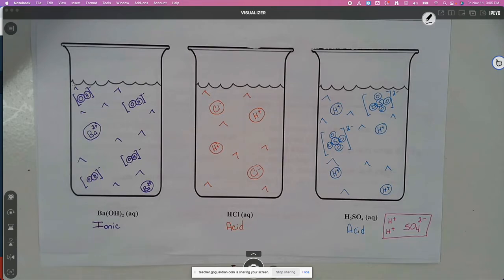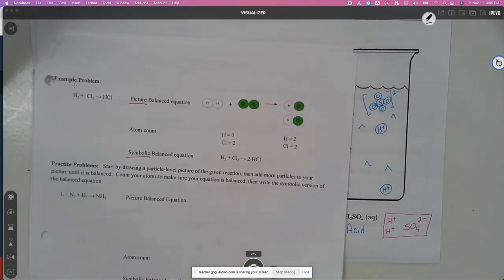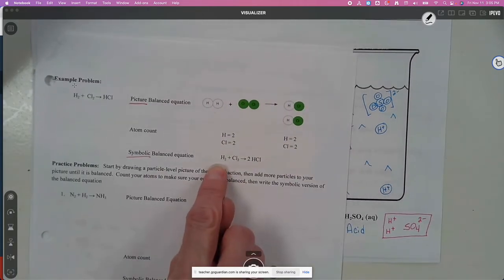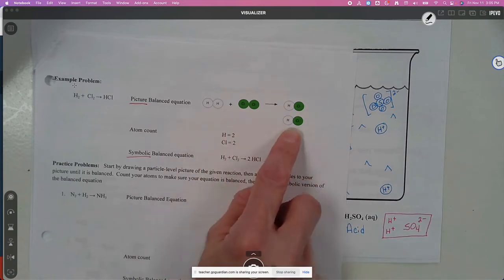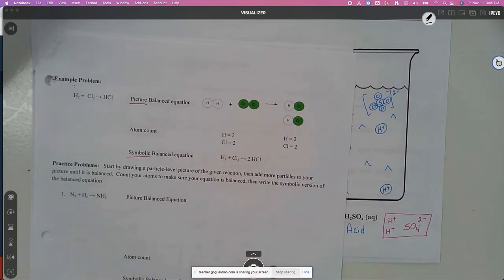Now, if we were to try to put all the things we've done together, we have a little bit of a problem. This accounts for the lighting up of the light bulb, and that's good. The problem is that we've been focusing on balancing equations, and particle level pictures of balanced equations are situations where the equation and the particles look like a good match.